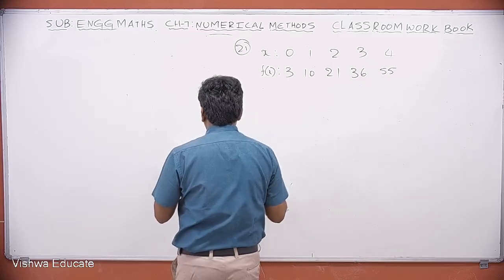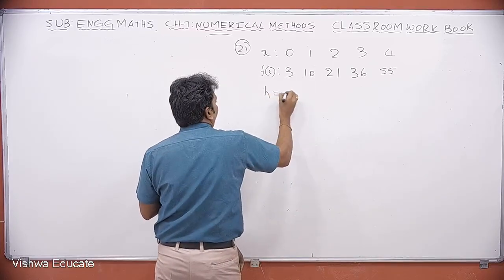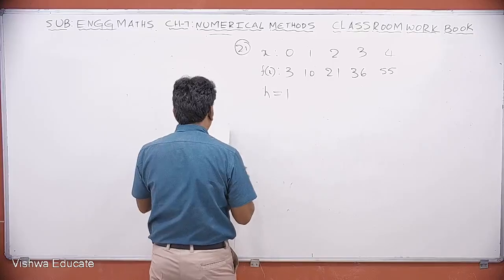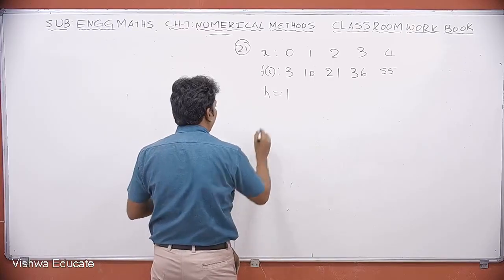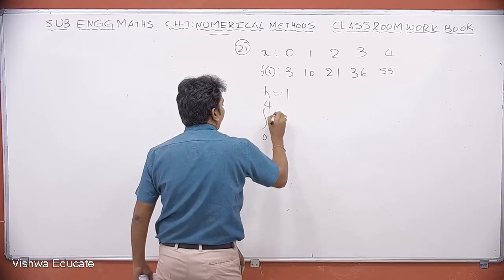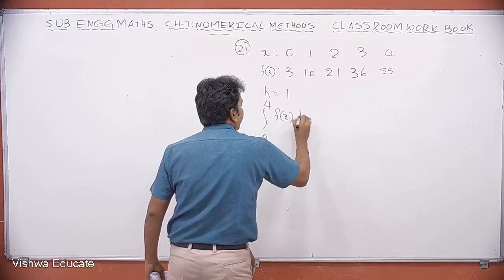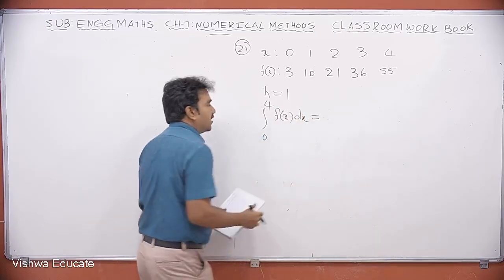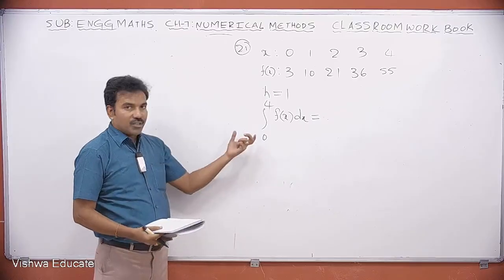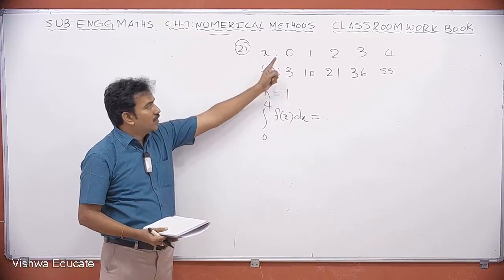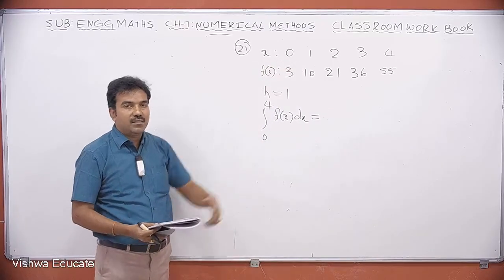Using Simpson's one-third rule with the step size h value 1, find the numerical approximation rounded to the second decimal place of integral 0 to 4 f of x dx. So we need to find this integral using Simpson's one-third rule with the step size 1, because the difference between consecutive x values is 1.